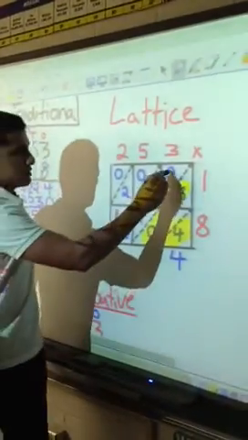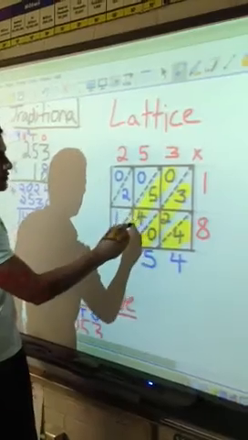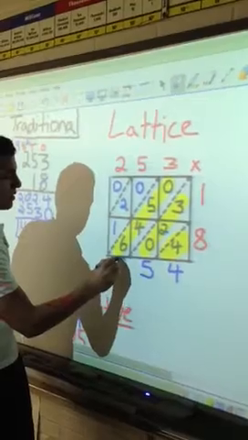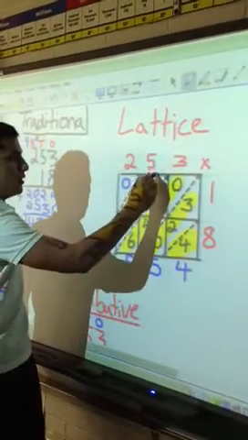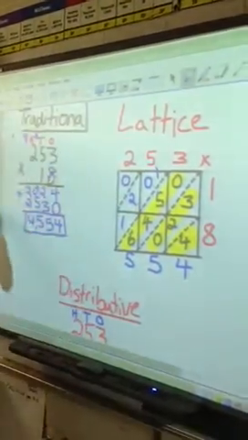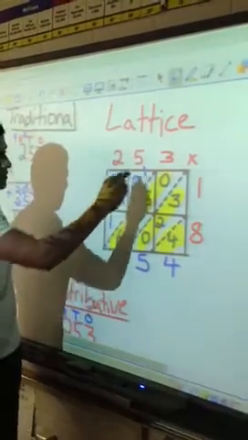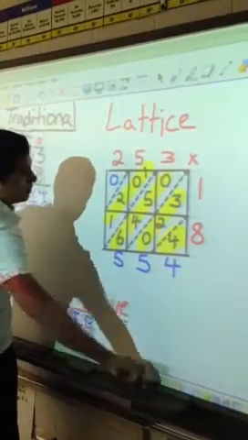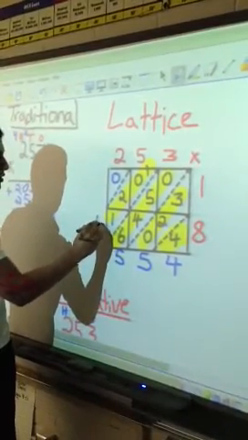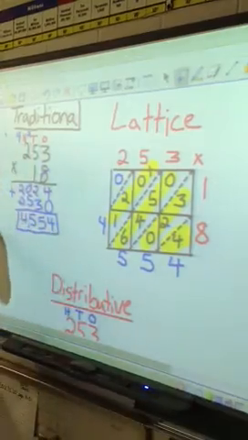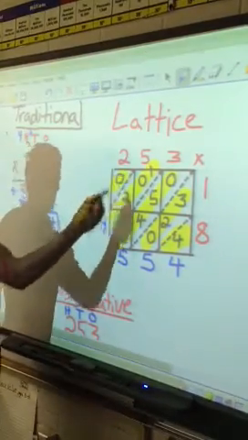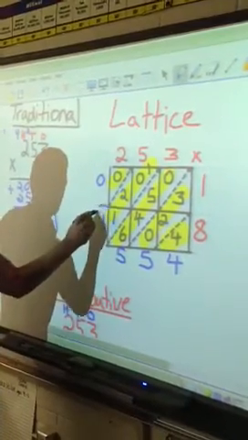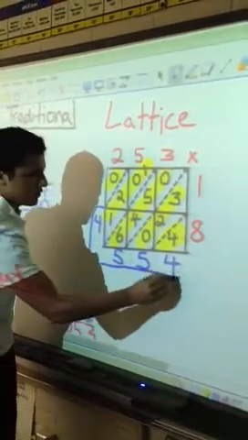Now we have 0 plus 5 plus 4 plus 6, which is 15. Regroup the 1. And then we have 1 plus 0 plus 2 plus 1, which is 4. And then 0, which is 0. So here is our final answer, 4,554.